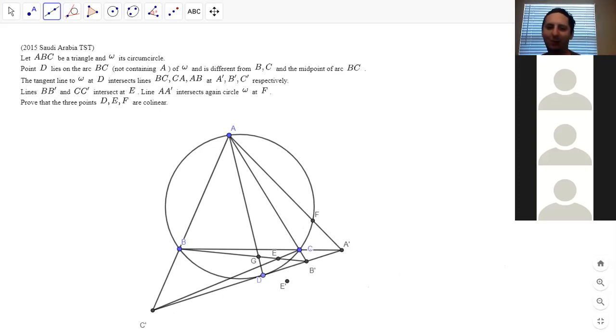I'll bet it has a really short solution. Because we have to use point C prime somehow.